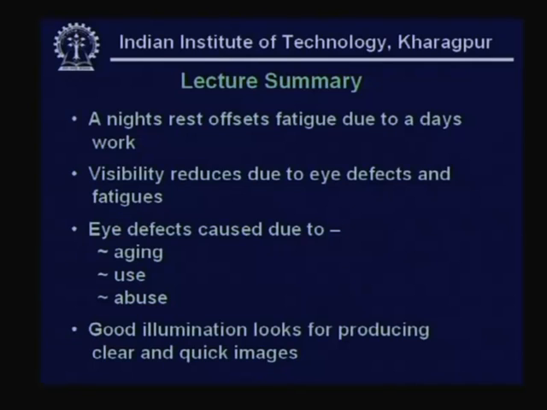With all this one must remember that we would like to have an illumination system for producing clear and quick images, keeping in mind how the eye functions. So, we will now take up some tutorial questions.